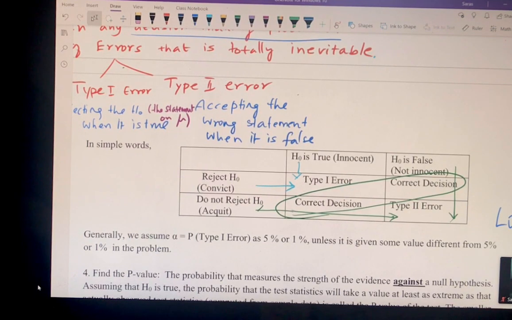Nothing wrong, no comments. But what if the other case? The guy is convicted and he is innocent. So a good guy did not do anything wrong, he is behind bars. That is going to be called the type 1 error. That's happening. We are seeing it.